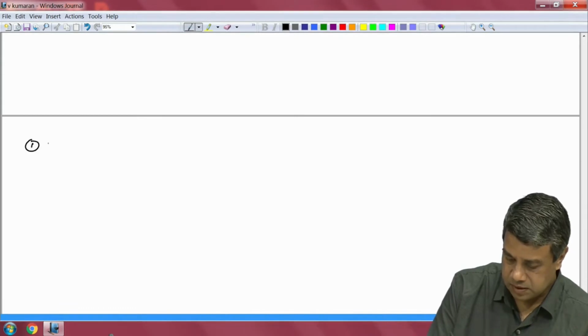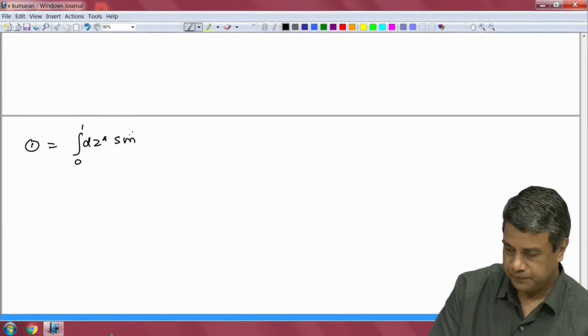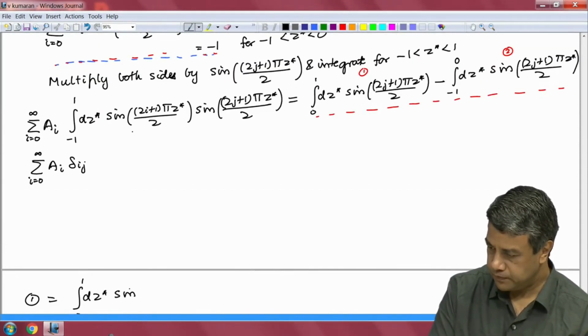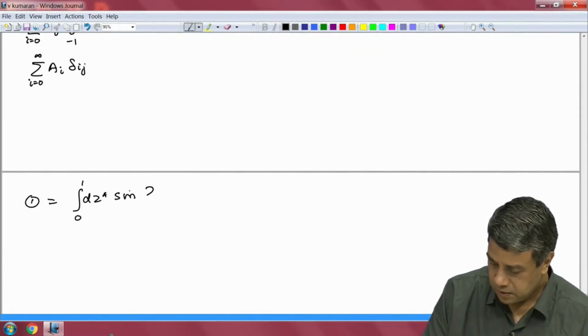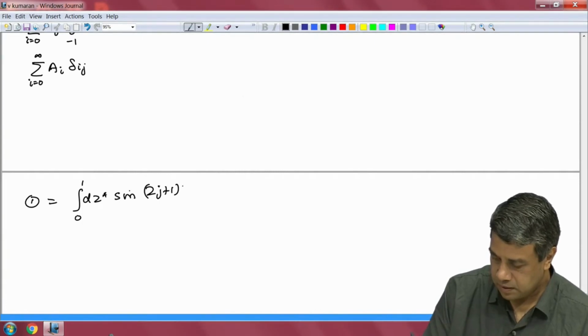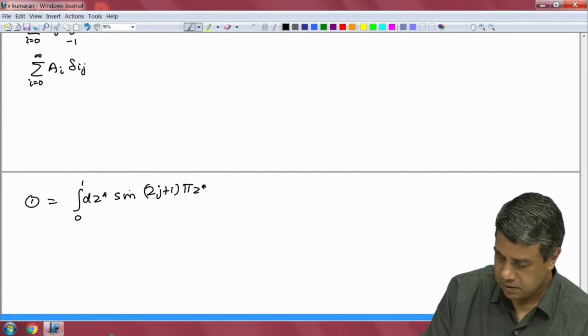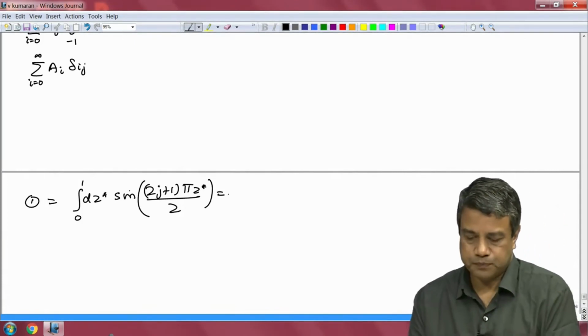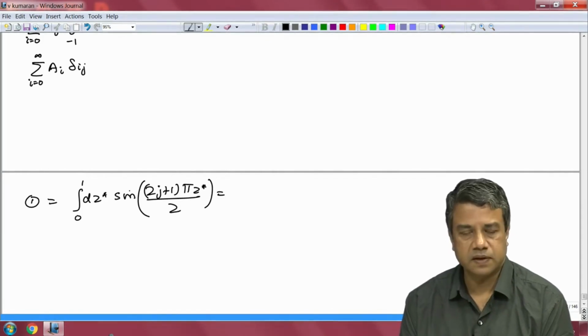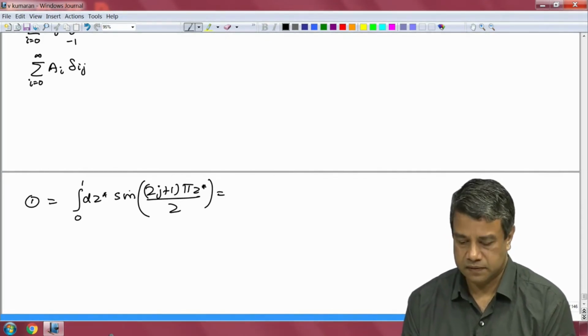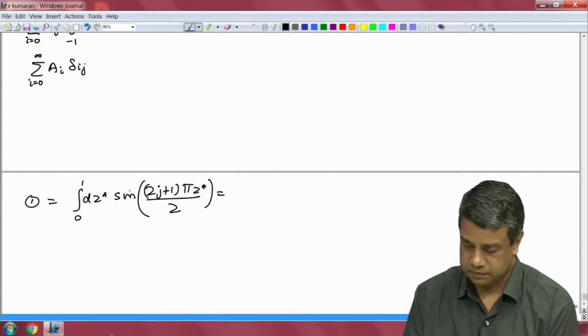Okay, so 1 is equal to integral 0 to 1 dz sine of (2j plus 1) pi z by 2. The integral of the sine function is the cos function.